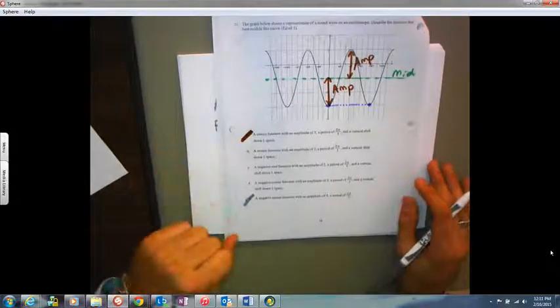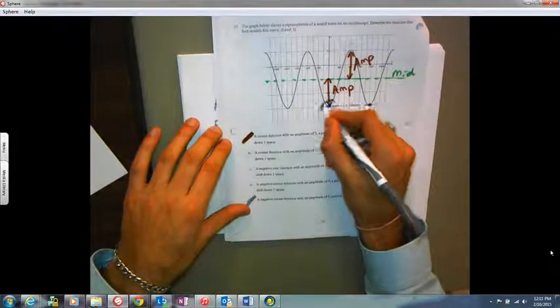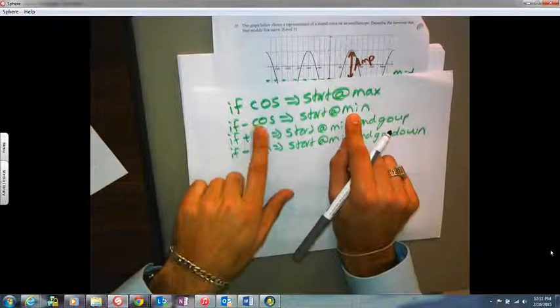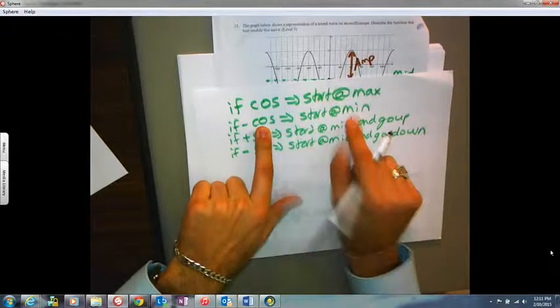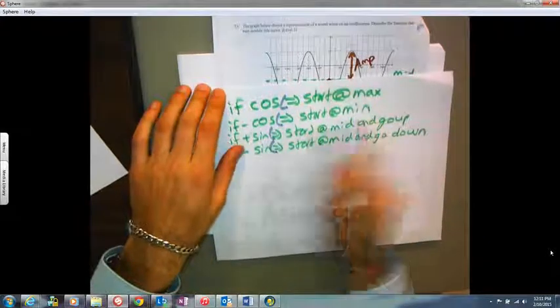I start at the minimum, and if I start at the minimum, we must have, as I just explained, minimum negative cosine. These arrows go both ways. If you don't think about it that way, in other words, this means this and this means this. So therefore we have negative cosine, so the answer is B.